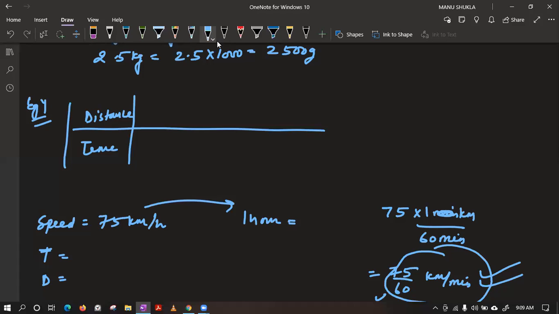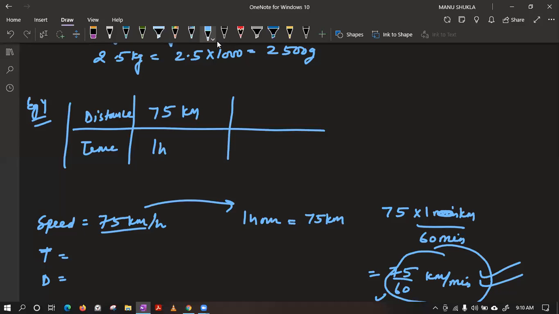If the speed is 75 km per hour, what can be said about the distance traveled in 1 hour? Very good, Saurabh. That is 75 kilometers. So the distance traveled is 75 km, the time is 1 hour.